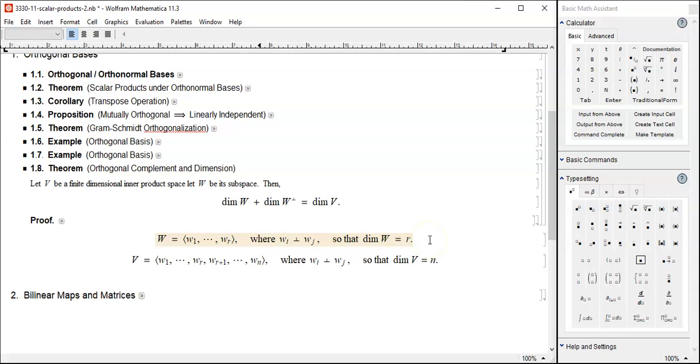So this is just Gram-Schmidt process. We can always get this.